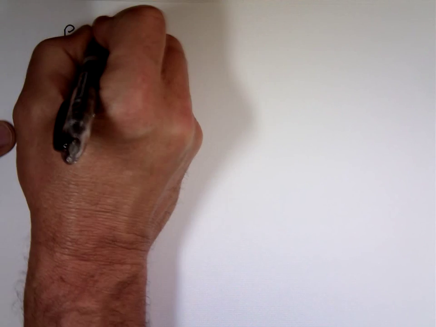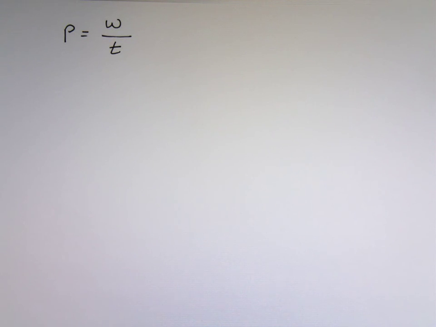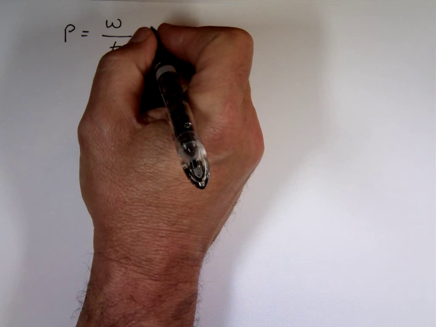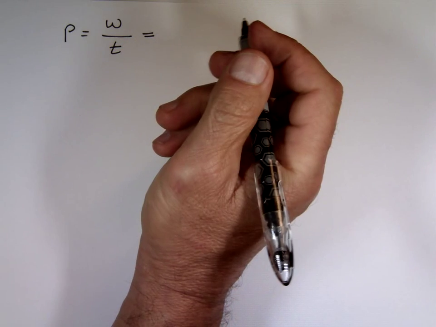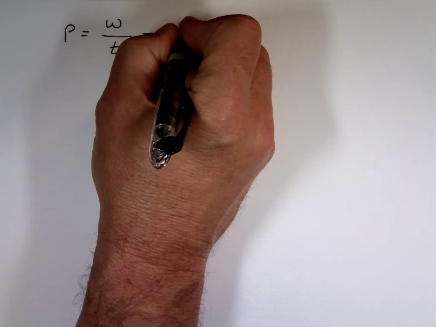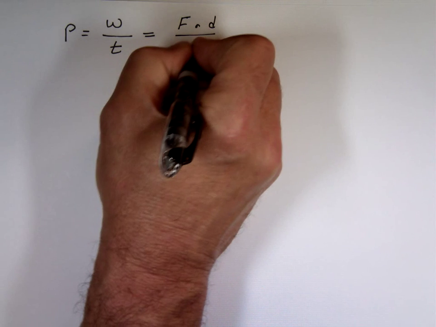We said power is what? Work divided by time, right? And what is work? What's the equation for work? Work equals force times distance. I like force times distance over time.